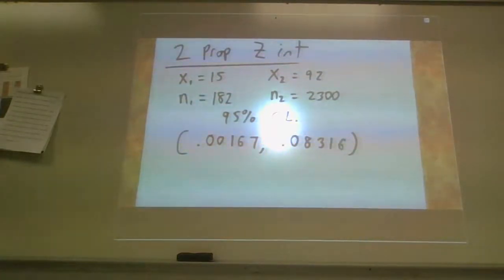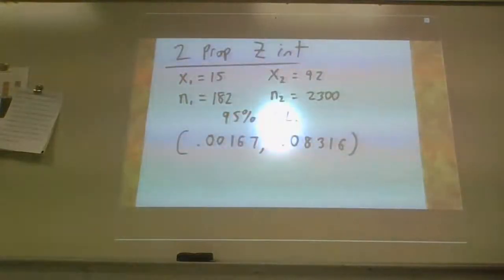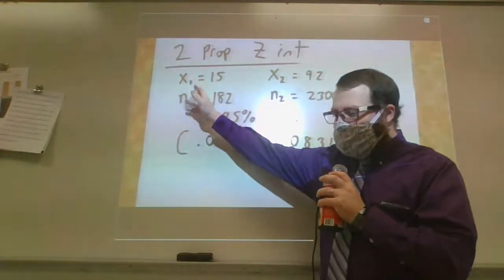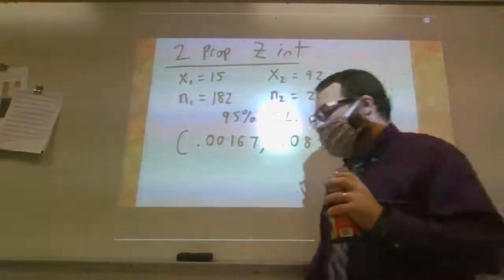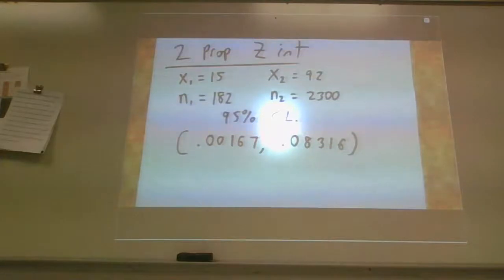When you conduct a 2 proportion z interval, if you put the numbers in that order, in this case, the first sample was near 9/11, 8%, and the other one was not near 9/11, 4%. The 2 prop z interval will create an interval of the difference between the two.